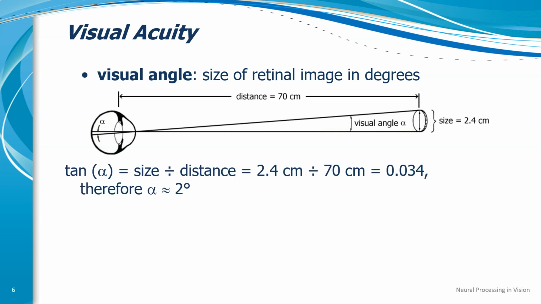So thinking all the way back to maybe high school or geometry, the tangent of angle alpha is the size of the object divided by distance, so 2.4 divided by 70, and if you do the inverse tangent function on your calculator, you'll get this angle equal to about 2 degrees. So a quarter held up at arm's length creates a visual angle on your retina of about 2 degrees.